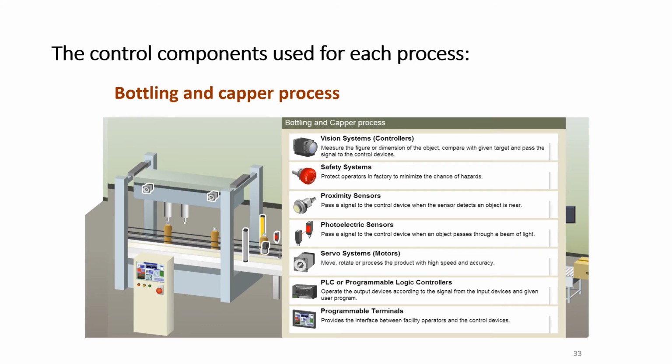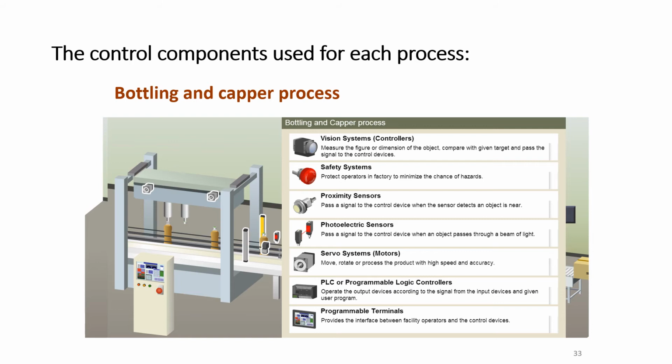In the bottling and capper process, we have these elements. Vision system, which measures the figure or dimension of the product compared with a given target and passes the signal to the control devices. Safety system or emergency buttons protect operators in the factory to minimize the chance of hazards.